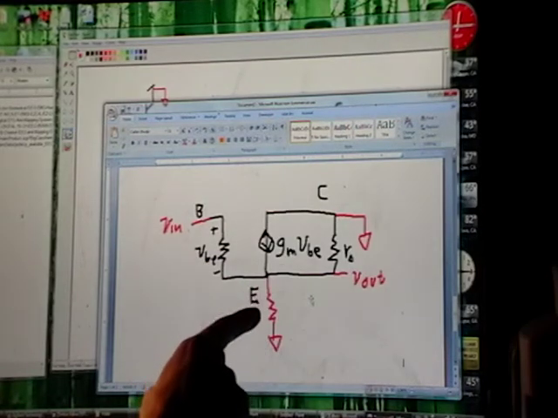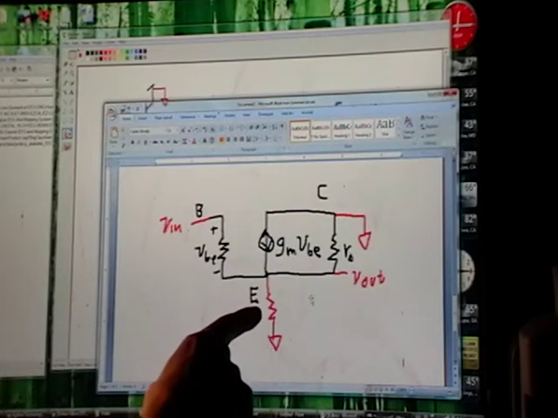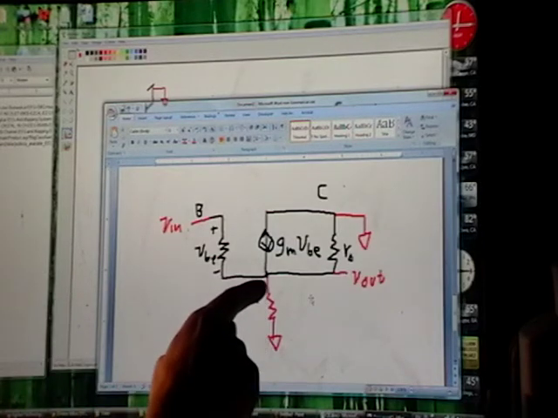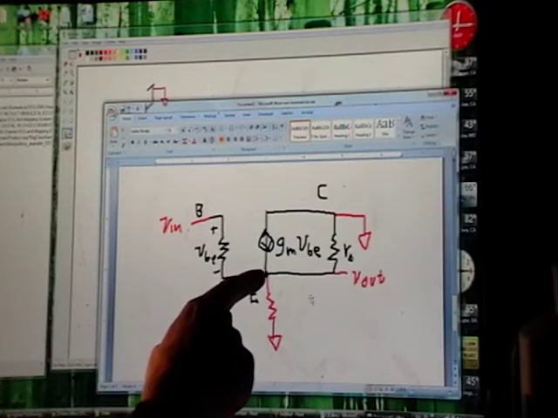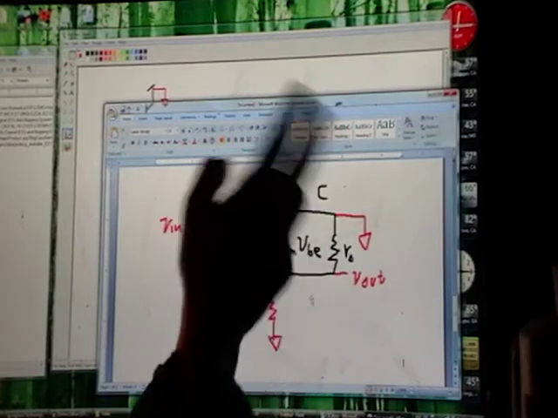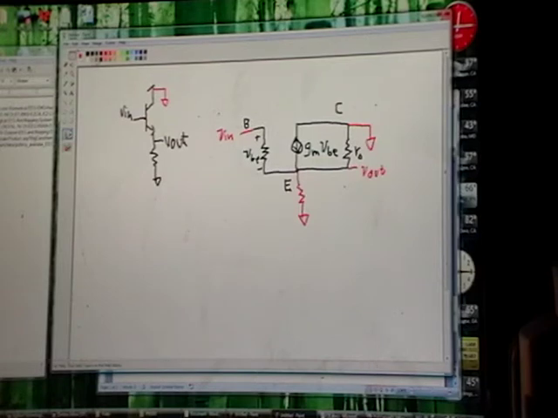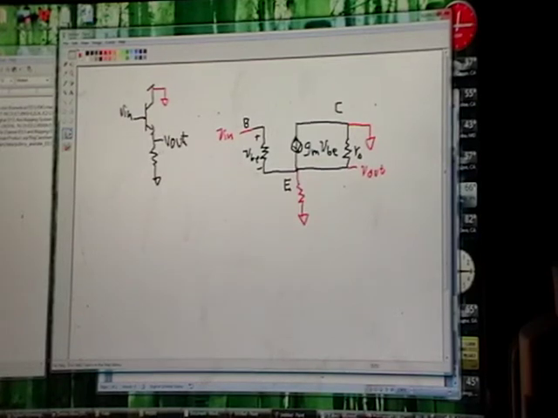You also have this resistor right here, which I didn't label, that goes from V out to ground. These two are both going from this node to ground, so they are in parallel. So let's call this just R.